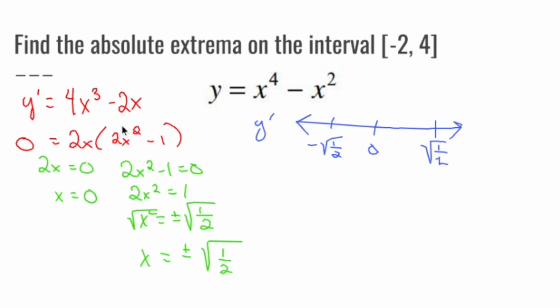So I guess the numbers that I can choose to go in between, I don't even know what the square root of a half is. Let's consult the internet. What's the square root of a half? Okay, the internet says that this is 0.7 something. So while I plug in negative 0.5, why don't I plug in regular 0.5? Why don't I plug in negative 1? And why don't I plug in 1?